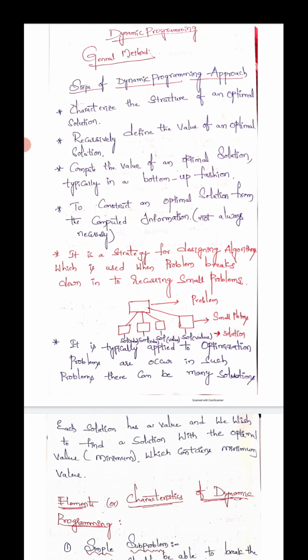First, we characterize the structure of an optimal solution and recursively define its value, and then we compute the value. Compute means we calculate the value of an optimal solution, typically in a bottom-up fashion.